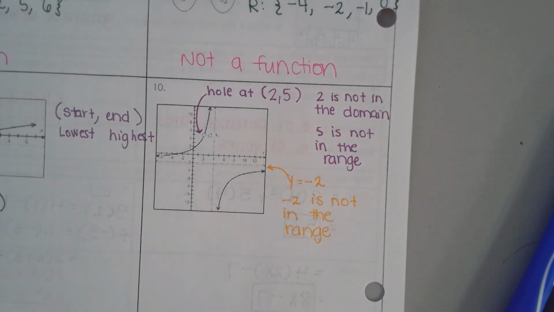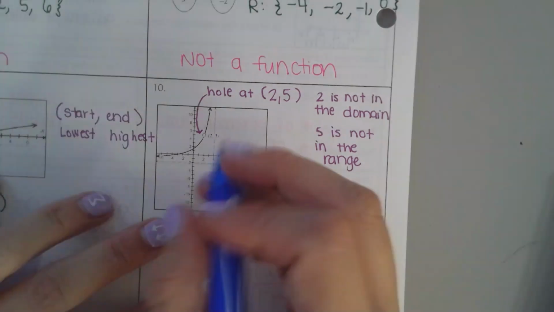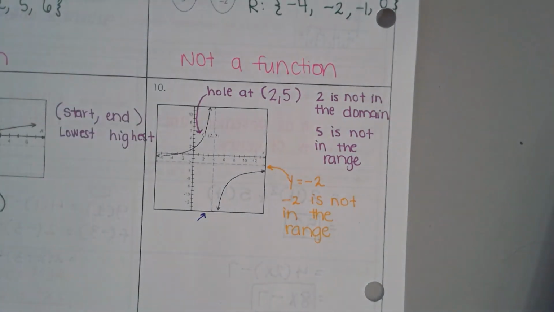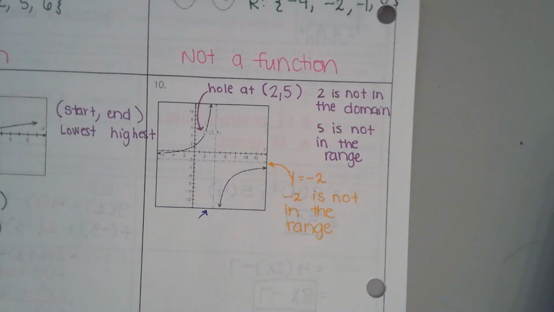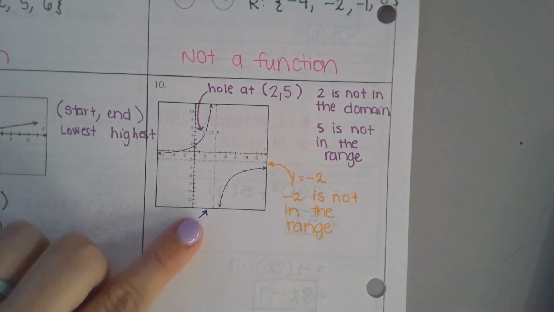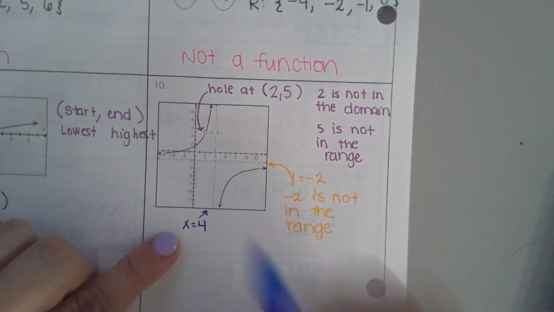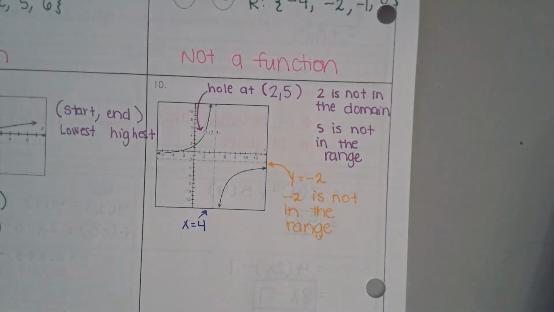Do I have any more asymptotes? I have a vertical one. Like this one I wrote y equals -2. How would I write this line? X equals 4. It crossed through the x-axis, which means it's x equals 4.